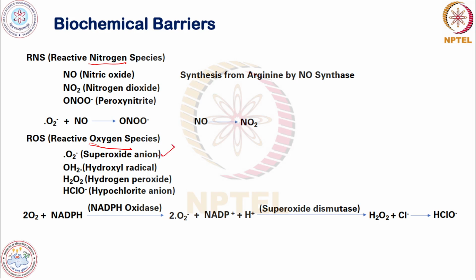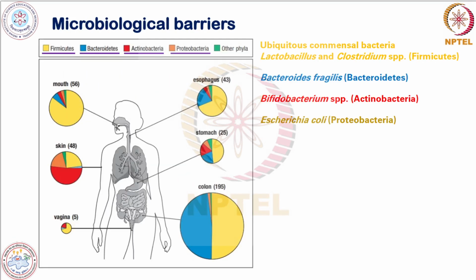The first one is the superoxide anion. The next ones are hydroxyl radical, hydrogen peroxide, and hypochlorite anion. These are all responsible for killing the pathogens. The nitrogen species are nitric oxide, nitrogen dioxide, and peroxynitrite. These are also responsible for killing the pathogens.